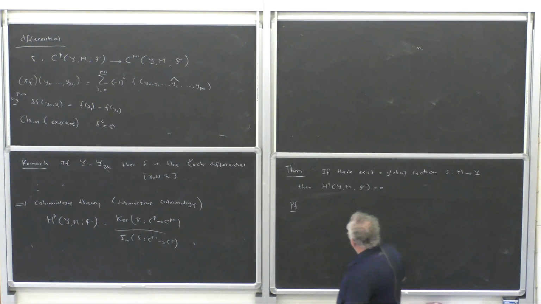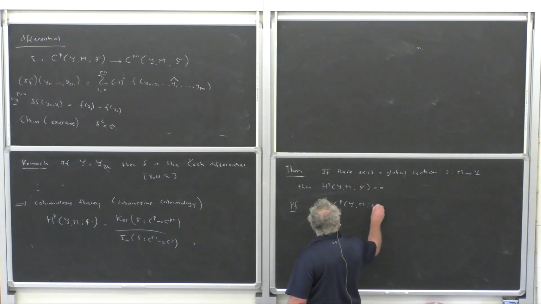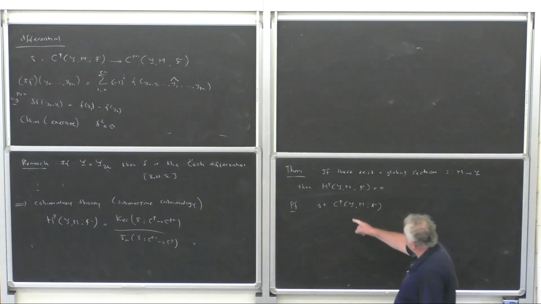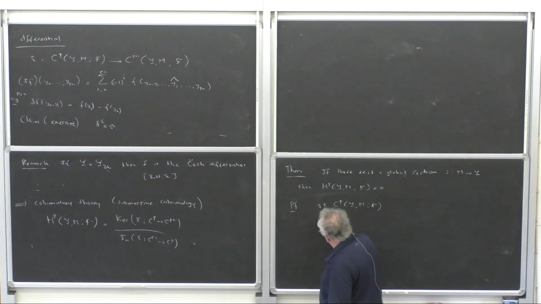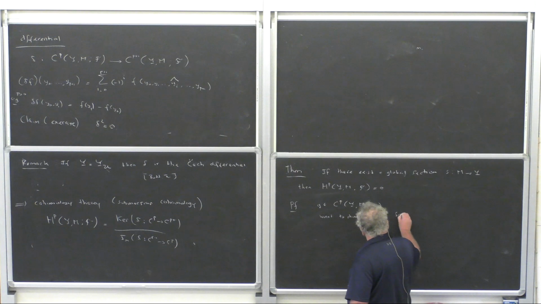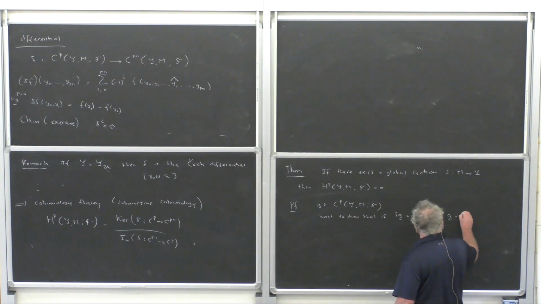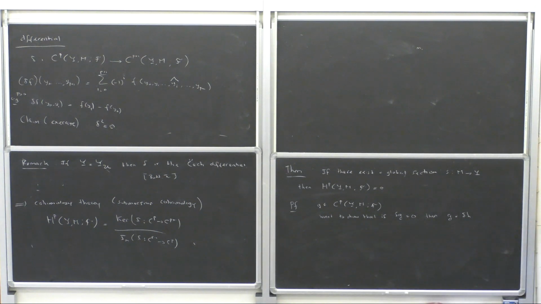Okay, so let me just say that g is an element in C^p. So this is a cochain of degree p. I want to show that if this is a cocycle, then g is actually a coboundary. Then I've shown that the cohomology is 0.